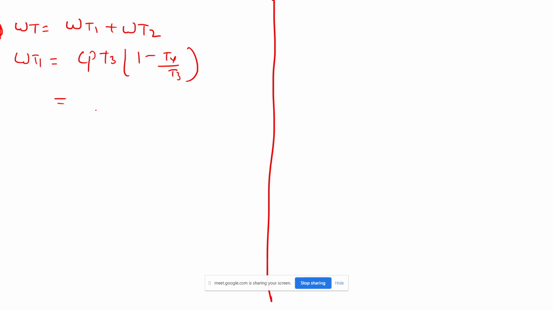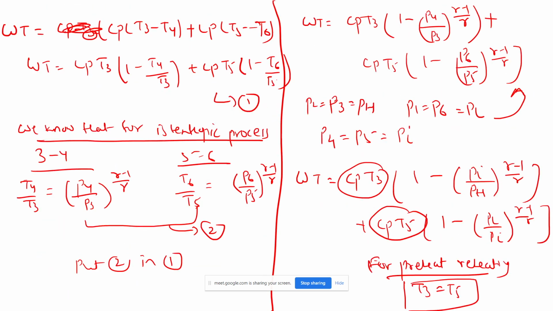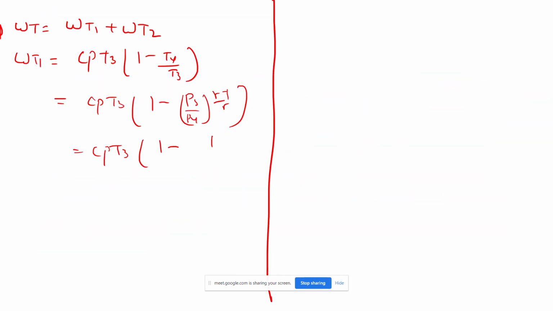So Cp T3 times (1 minus T3 upon T4 to the power gamma minus 1 upon gamma), Cp T3 times 1 minus P4. Wait, I wrote something wrong. Yes, it is P4 actually.